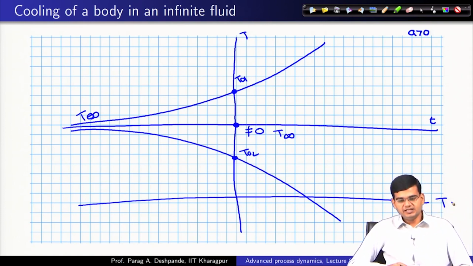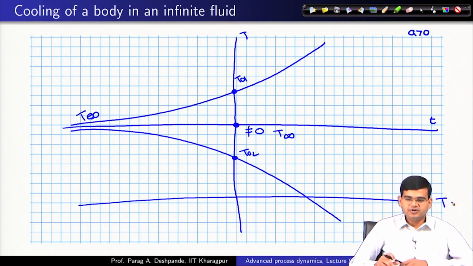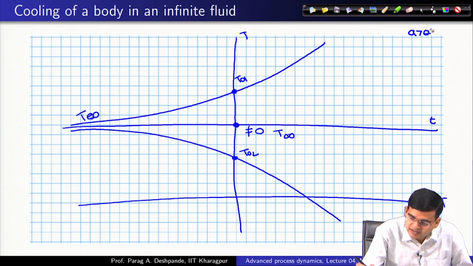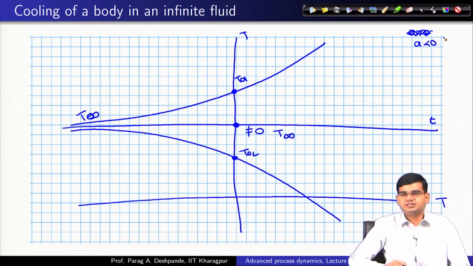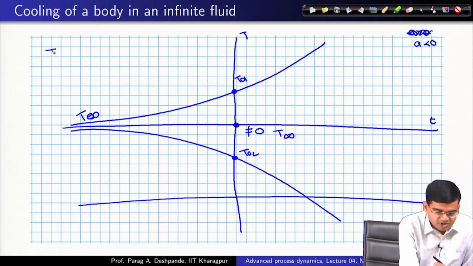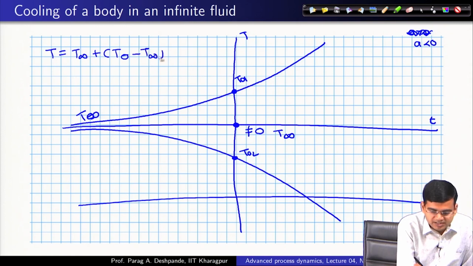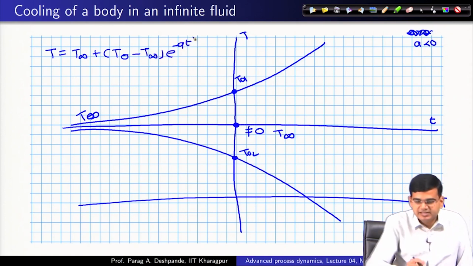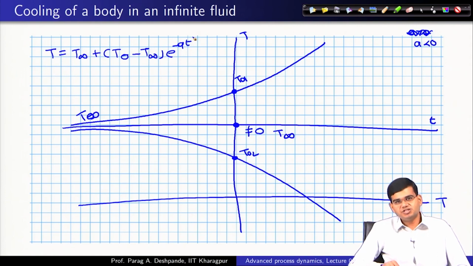So, now what do we see here? What we have seen here is that for a less than 0, there is a correction there, a has to be less than 0. So, mathematically if there is a condition such that for the model equation t is equal to t infinity plus t 0 minus t infinity e to the power minus a t, such that a is less than 0, making the exponential positive, this will be the phase portrait.